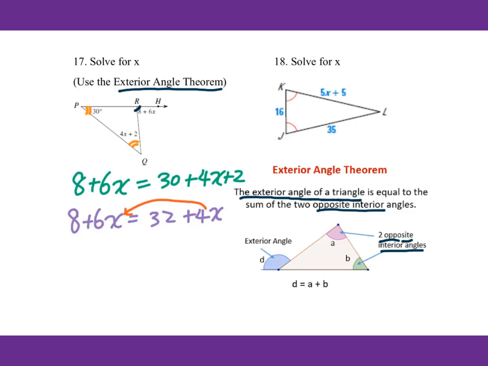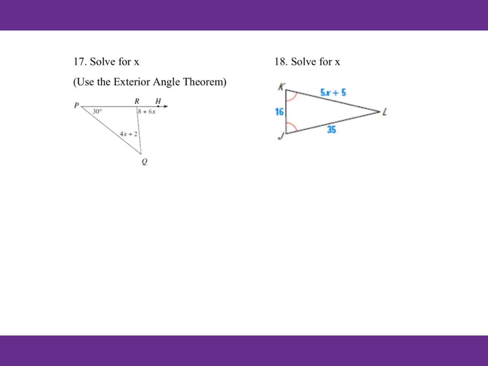I minus 4x. Then you subtract 8. So you will get 2x equals 24. x equals 12.